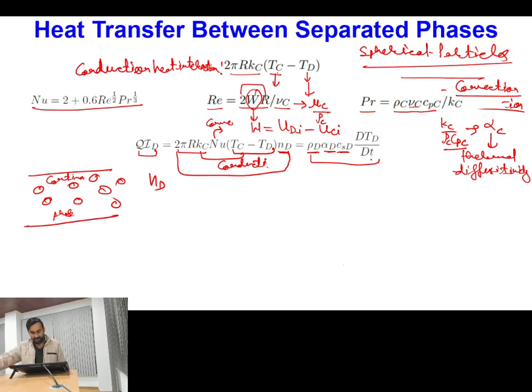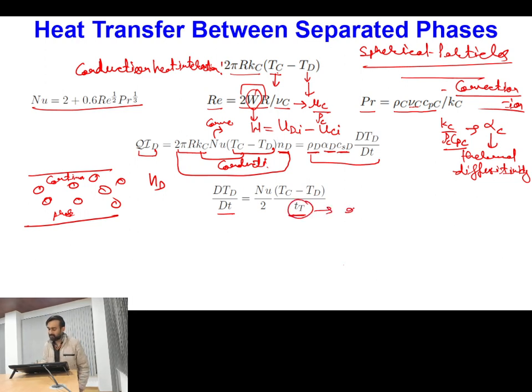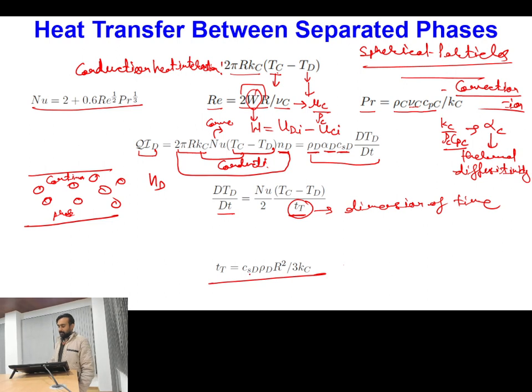Okay. So now if we further simplify this equation, we will be finding that dTd by dt is nothing but Nusselt number by 2 into Tc minus Td by Tt, where this Tt term is having dimensions of time, okay, and this, if you further calculate, it will be coming out to be Cs d rho d into r square by 3 kc, which is our actual temperature relaxation time.